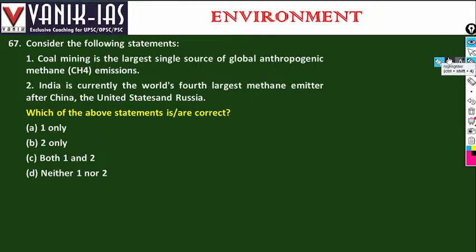Consider the following statements. Coal mining is the largest single source of global anthropogenic methane. India is currently the world's fourth largest methane emitter after China, United States and Russia. Which of the following statements are correct?